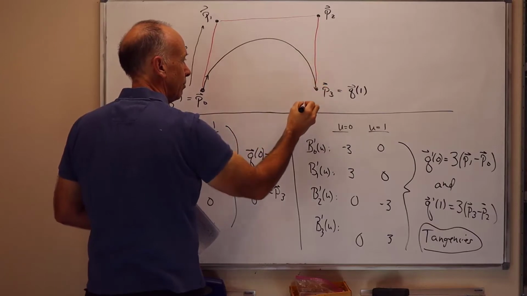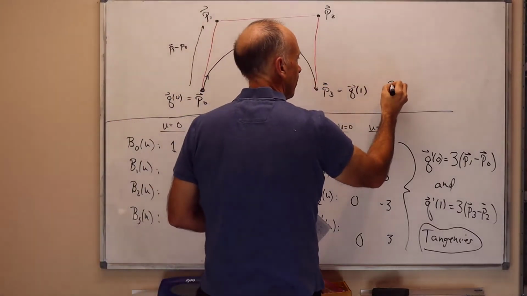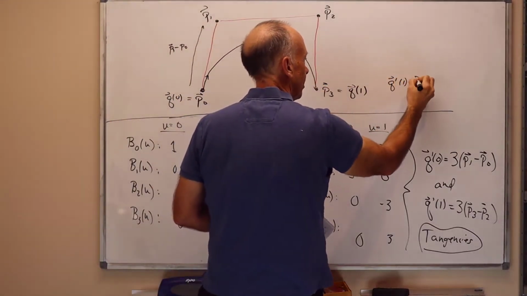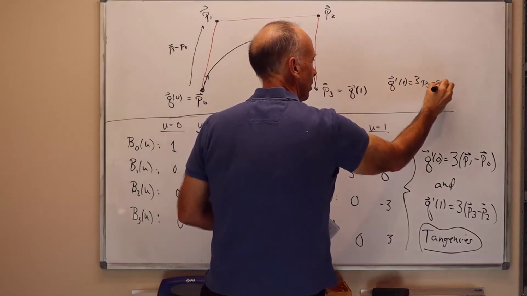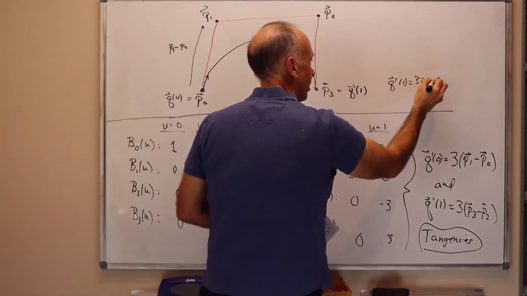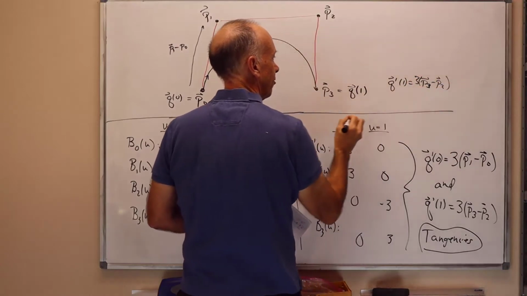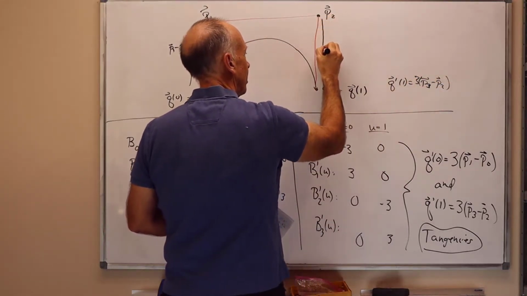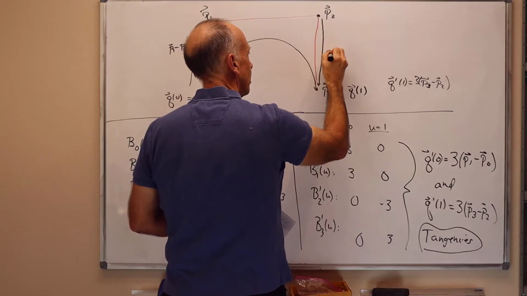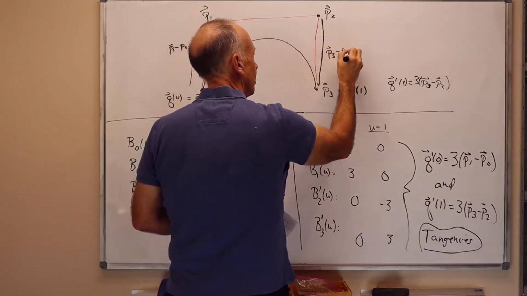And when it comes in, its derivative here, Q prime of 1, is 3 times (P3 minus P2). In particular, it's a positive multiple of P3 minus P2, and P3 minus P2 is this vector here.